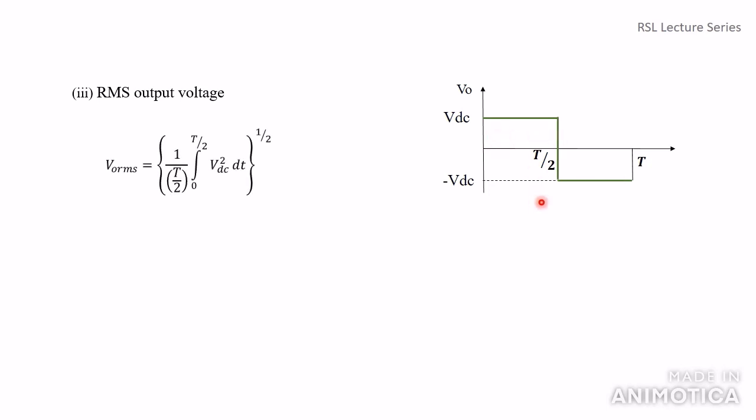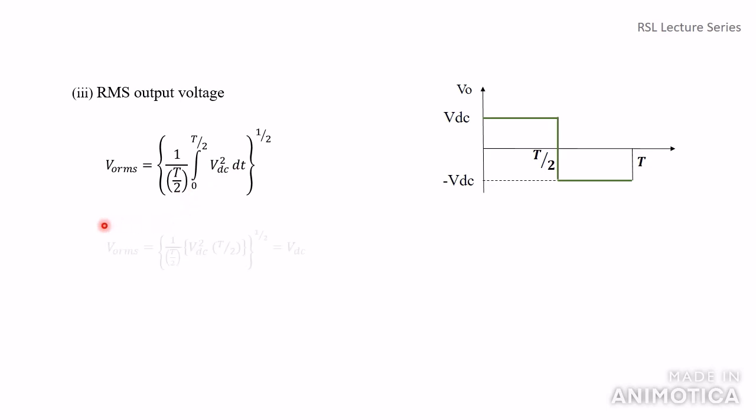So the RMS value of the load voltage is given by the square root of 1 by T by 2 times the integral from 0 to T by 2 of VDC square dt. This is written as power 1 by 2. Here VDC square is considered constant. The integral of dt will give you t over the limit 0 to T by 2. On substituting the limit, we get T by 2.